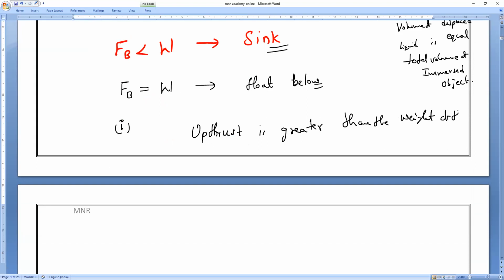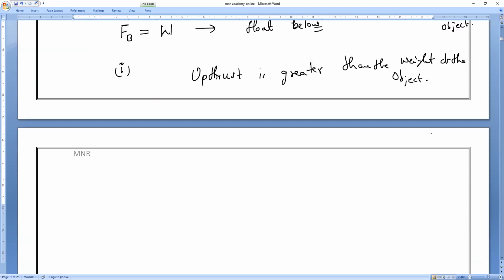Will the object sink or float? Upthrust is greater, so the object will float above the surface.